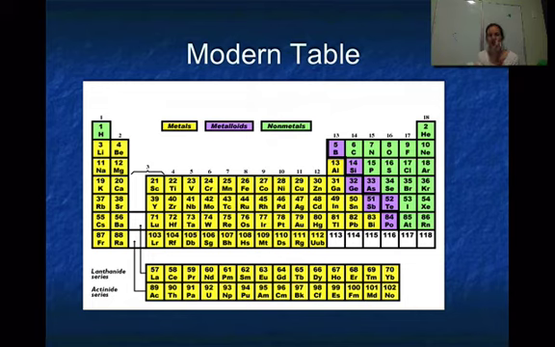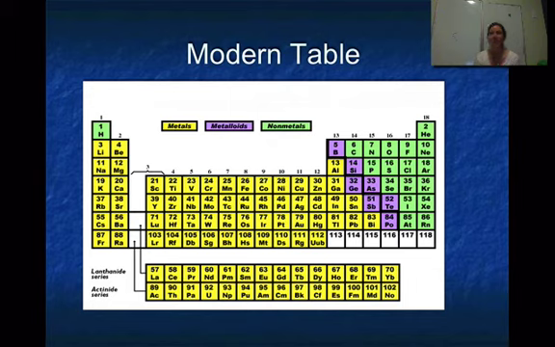Move to column 15 with nitrogen and phosphorus and astatine. This column, now we're at this point where they can either lose 5 or they can gain 3. It's easier to gain 3 electrons than to lose 5. So as of nitrogen now, we officially have our anions. It's going to form a -3.